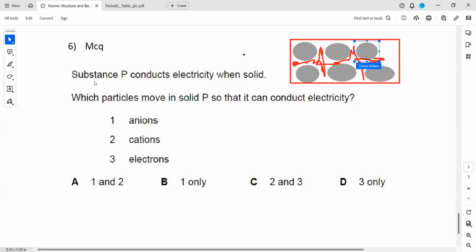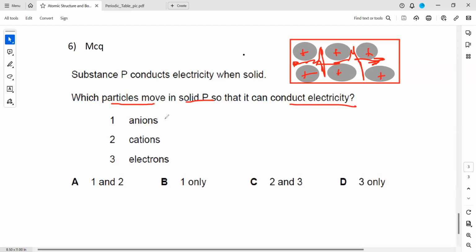Vibration is also a motion. It's not like the particle moves from one place to another, but when particles are vibrating, that vibration is also a kind of motion.